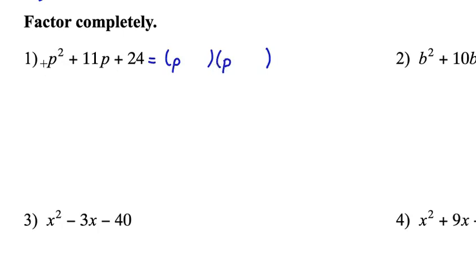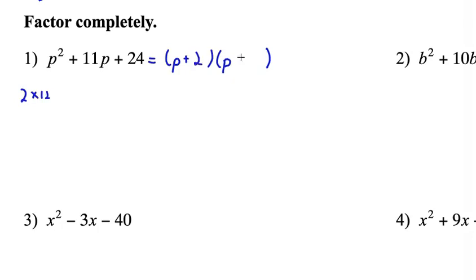And that would give us the p squared. Now, when we multiply these last two terms, we need to end up getting 24. Well, let's think about numbers that multiply to make 24. Let's see, we have 2 times 12. In fact, let's go ahead and try that.